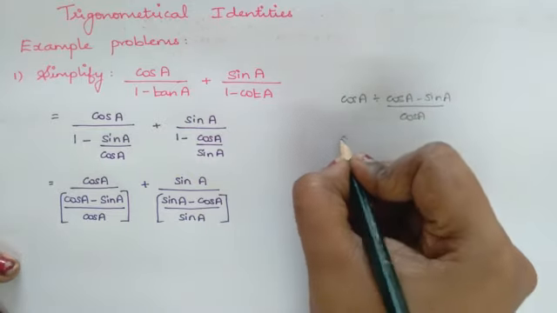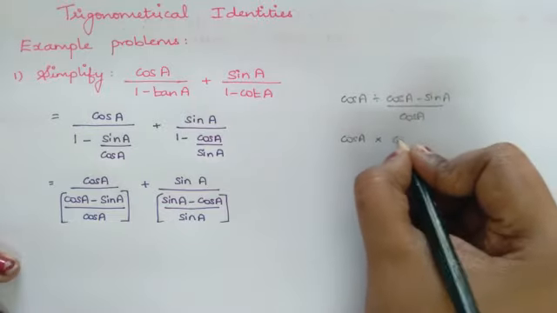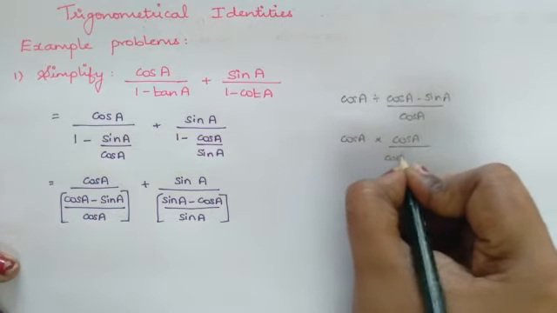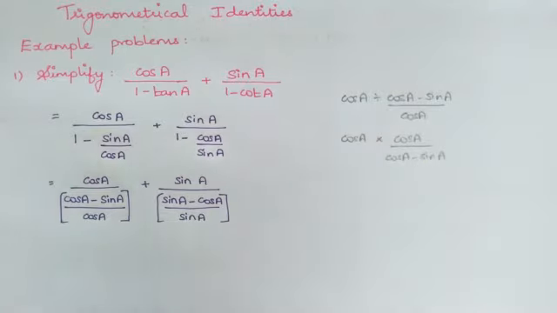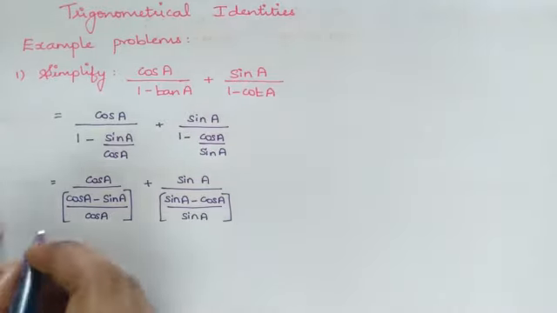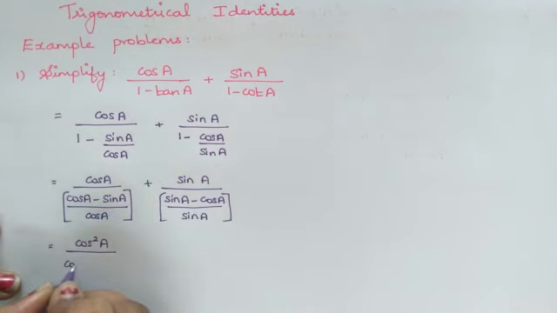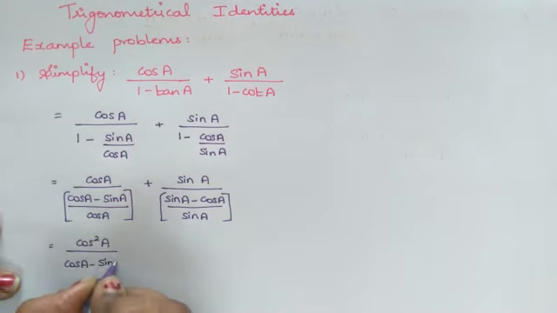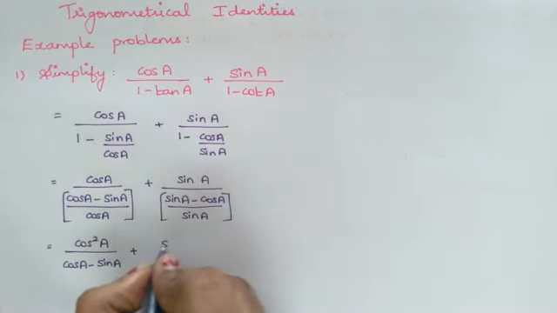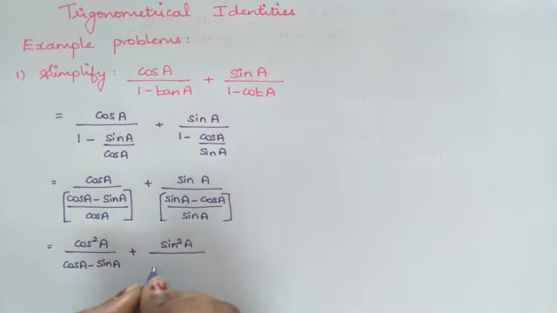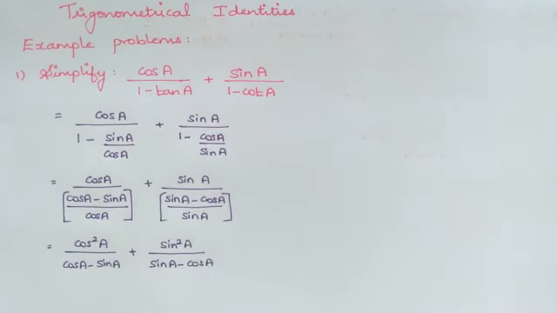This can be simplified as cos A into, the fraction being reciprocated, cos A by cos A minus sin A. So cos A into cos A, cos square A. So this becomes cos square A by cos A minus sin A plus, same procedure, sin A multiplied with the numerator, sin square A by sin A minus cos A. We have arrived at a step like this.